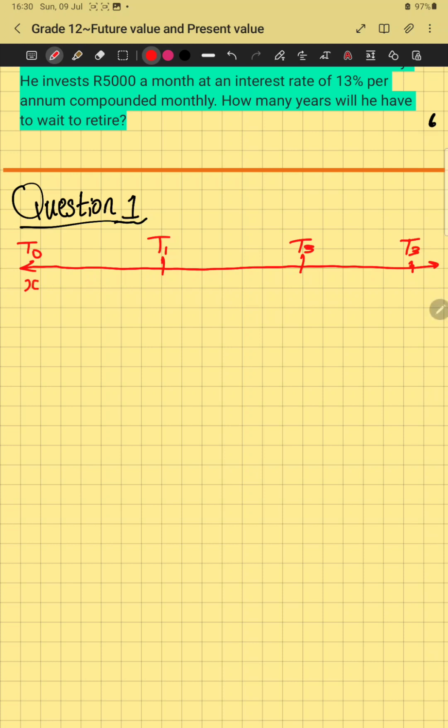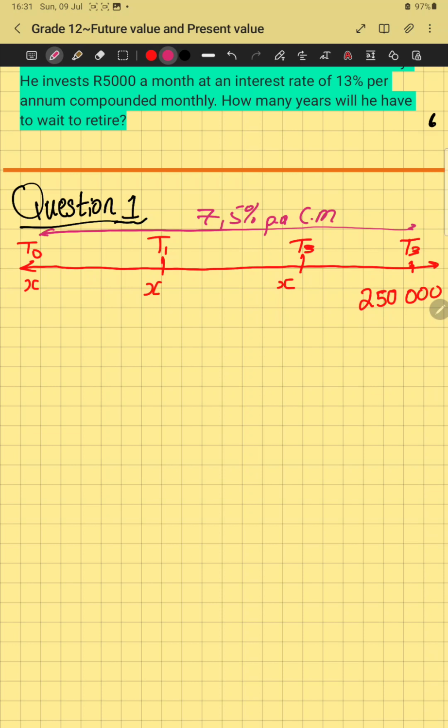So we're going to put X here. We want to know what amount the company must invest each and every month, in order for them to have 250,000 at the end, that is in 3 years' time. Remember the percentage here. From T0 up to this one, it is 7.5% per annum, compounded monthly.